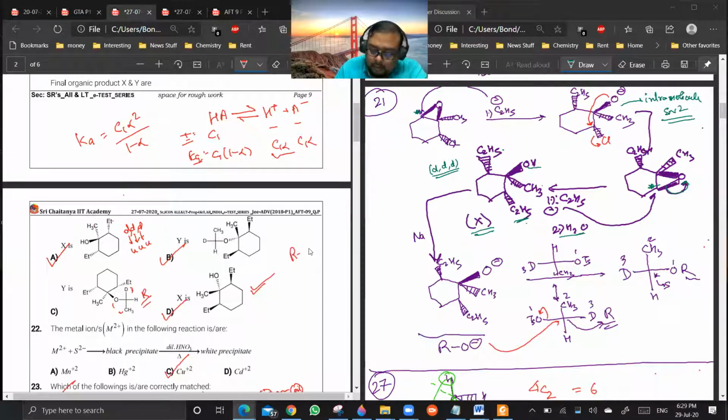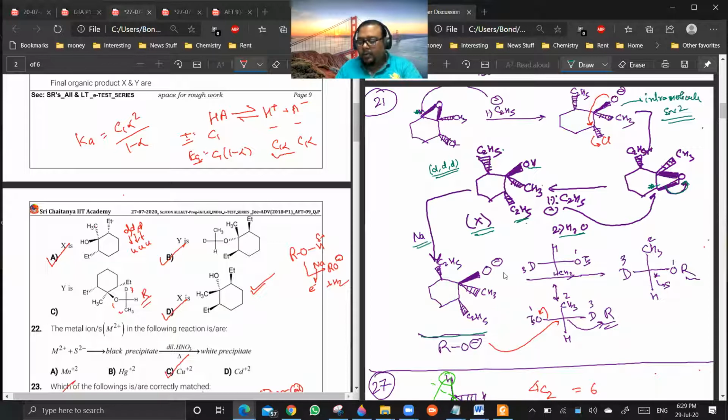Now you see you have an alcohol here. The whole molecule is of no interest to me; I am only interested in the alcoholic part. If you treat it with Na, Na will give an electron and the electron will react with the acidic hydrogen. So you will get RO minus plus H2, the whole molecule after treatment with sodium.